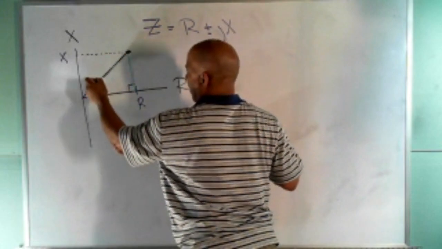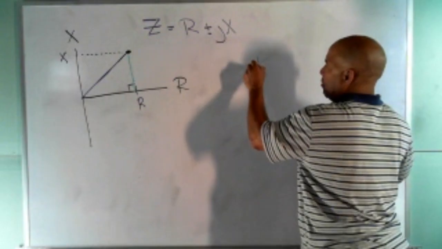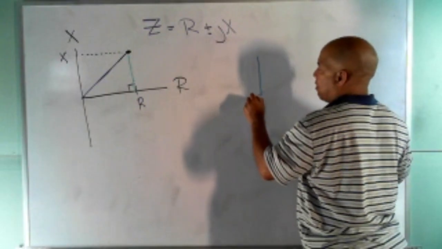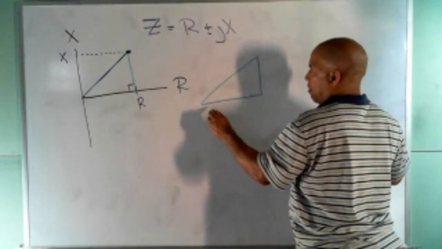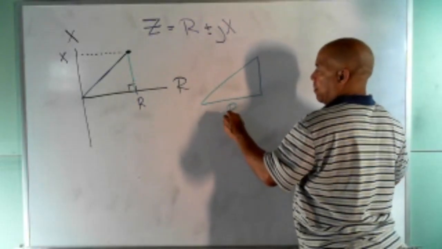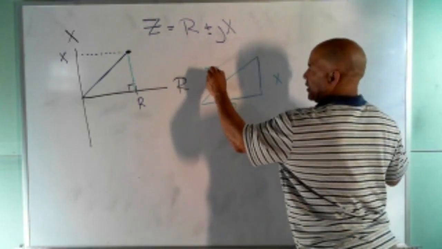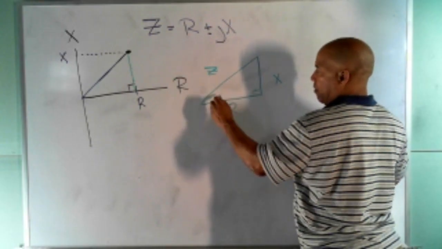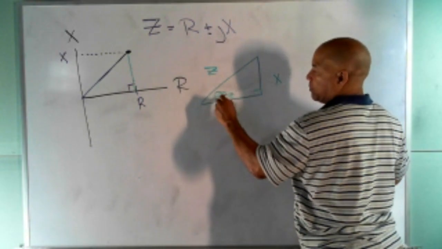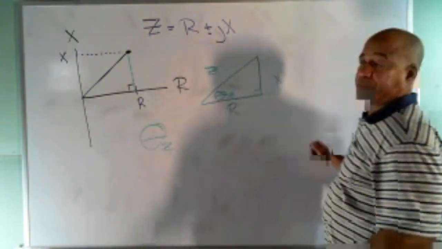If I bring it over here, I have this right triangle where this is R, this is X, and this is Z. And that's a right angle. And this right here is theta Z, my impedance angle.